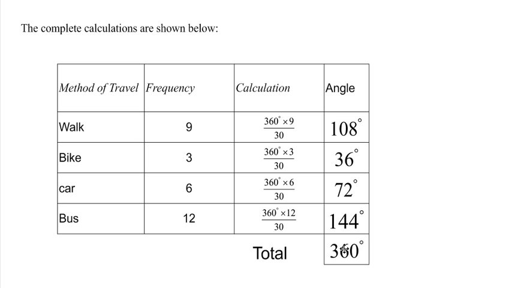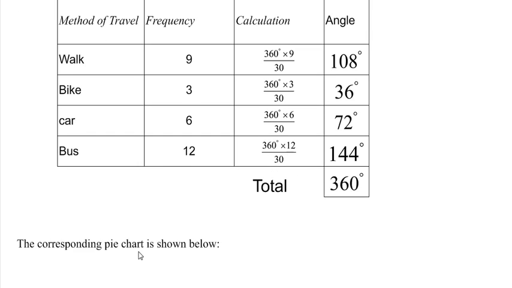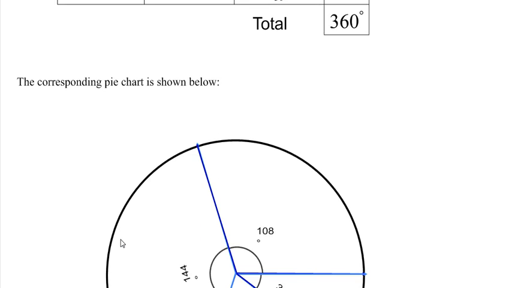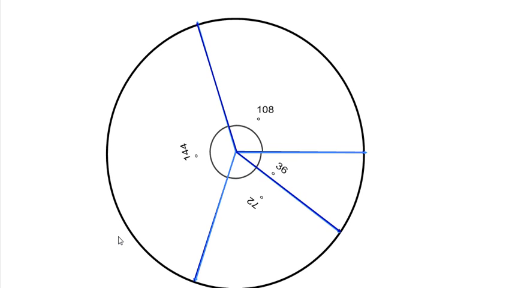And how do we know it is true? We have to remember that the angle of the circle is 360 degrees, and then we have the pie chart with its angles.